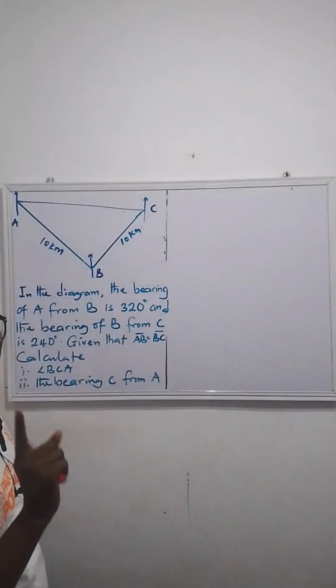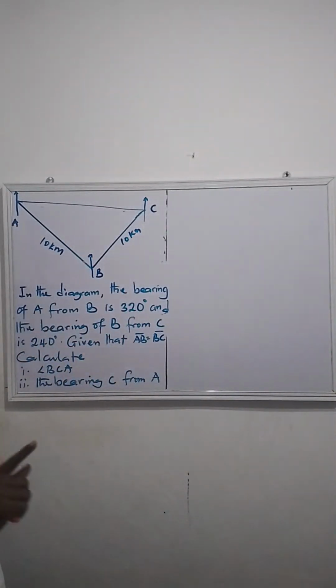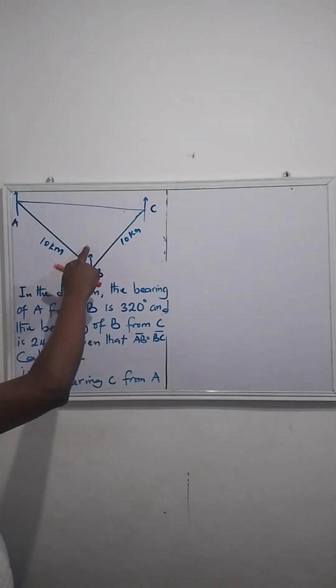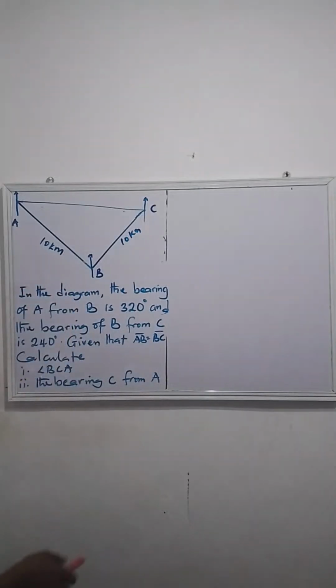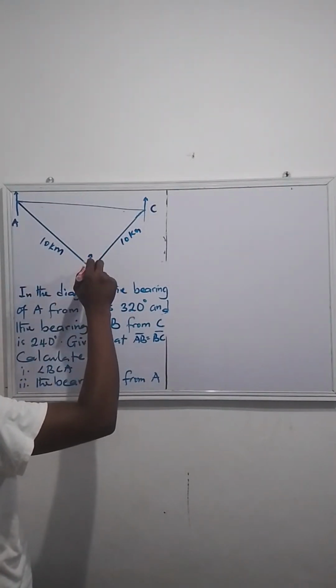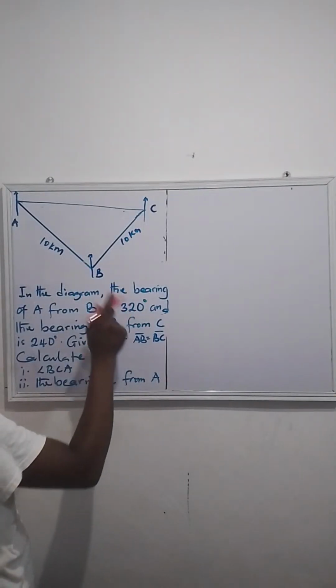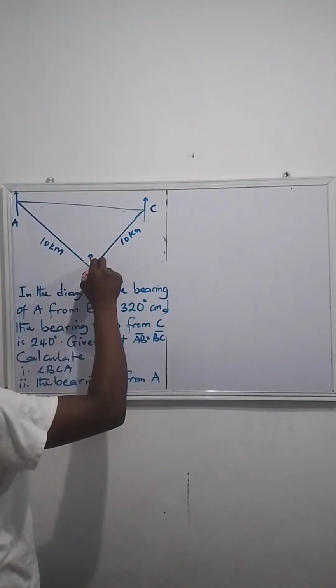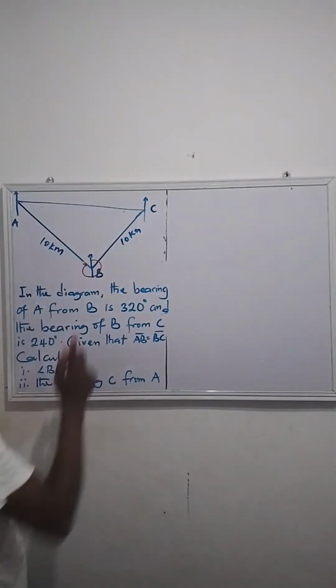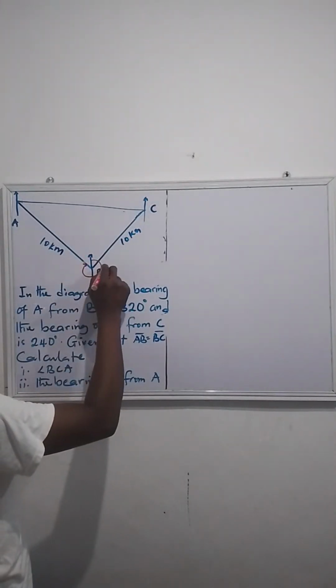Don't forget the definition of bearing is the angle measured clockwise from the north direction. So from B, that is 320. We have it this way, down from here to this place. So this angle here is 320 degrees.